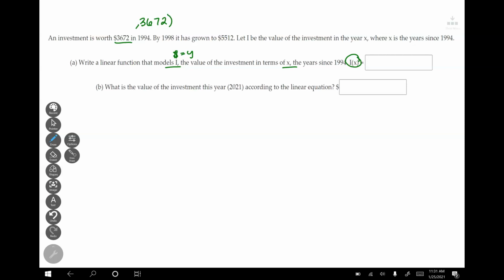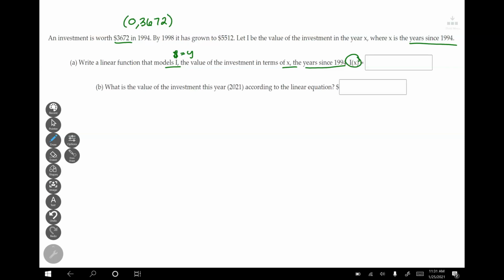Well, my X value is not going to be 1994 because remember they said X is the years since 1994. They said that in the original problem and in part A. So that means that 1994 is how many years since 1994? 0.